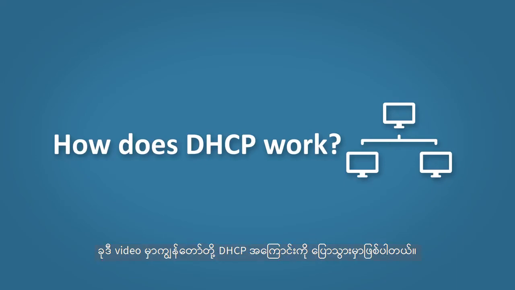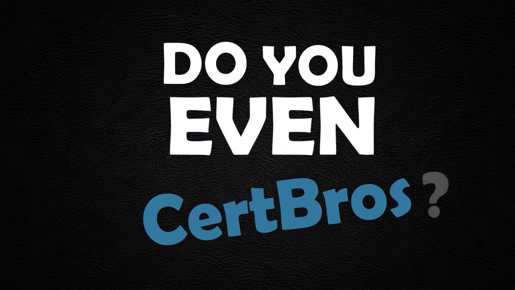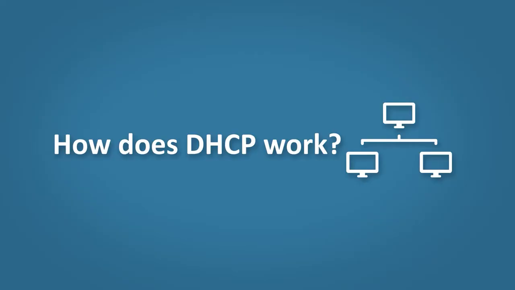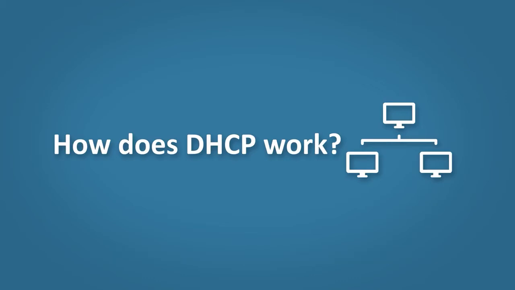In this video, we're going to be looking at DHCP. DHCP is one of those things that we all take for granted every single day. If one day DHCP just got up and left, we'd be in trouble. Okay, so first off, some points on DHCP.